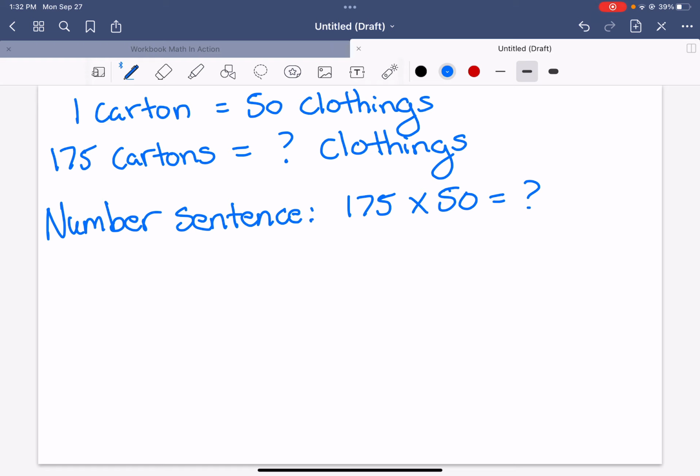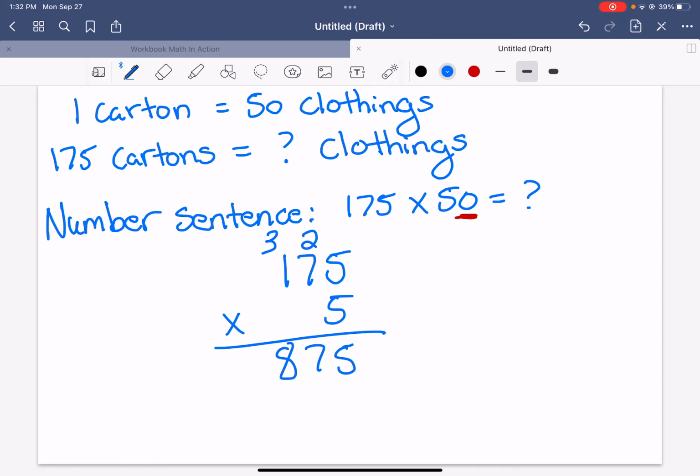So, again, we know there's a zeros trick. We have a 0 here, so we can just do 175 times 5. 5 times 5, 25. 7 times 5, 35, plus 2, 37. 5 times 1, 5, plus 3, 875.